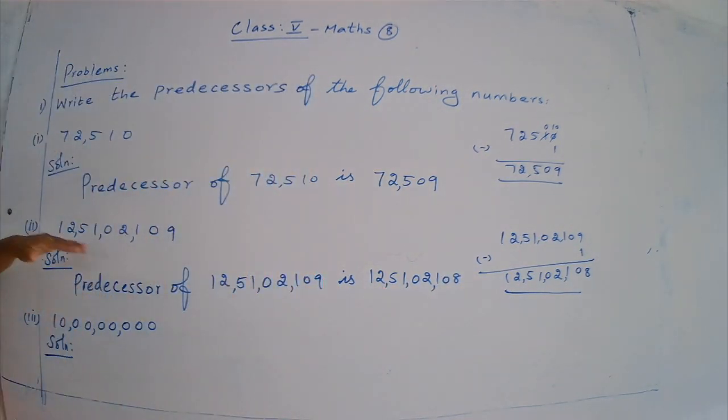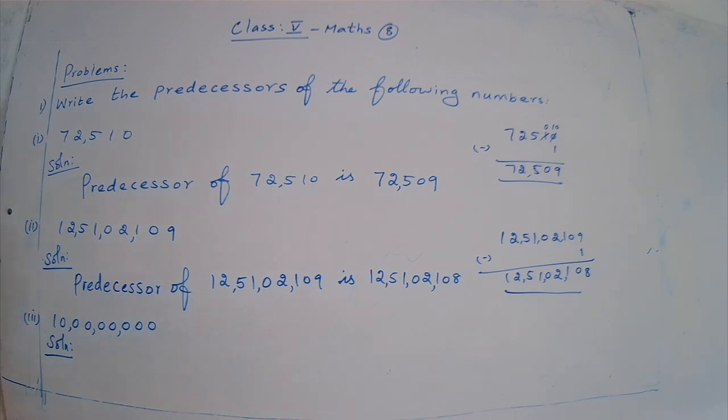Predecessor of 12 crore 51 lakh 2,109 is 12 crore 51 lakh 2,108. Okay children, do you understand?